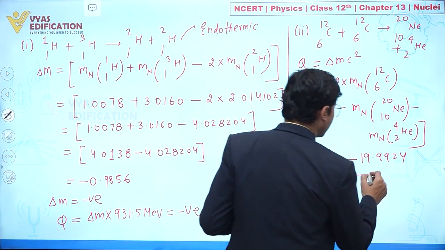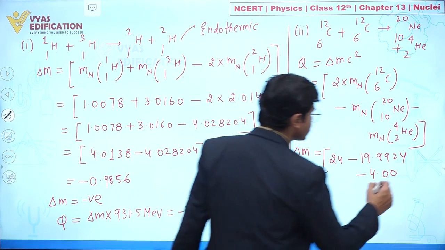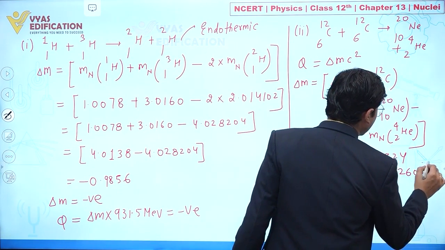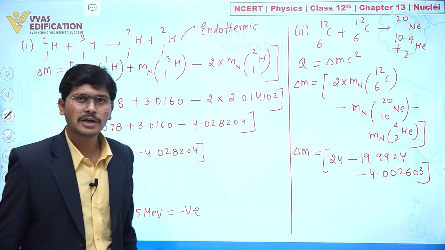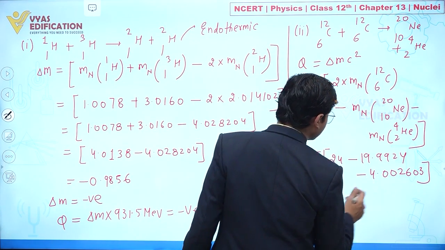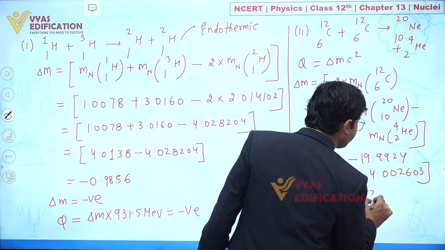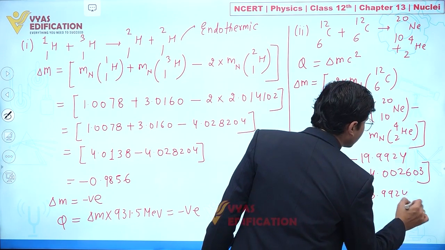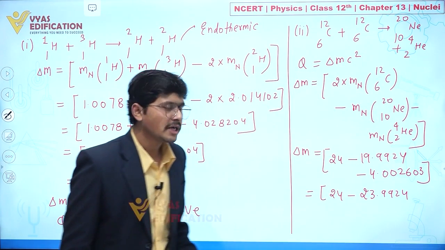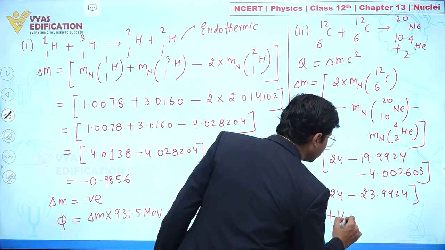That is equal to 4.002603. Clear? And all these masses are in AMU. So directly you can say, you are getting this value 24 minus 23.9924, like this. Clear? So the most important part is that we are getting this value positive.